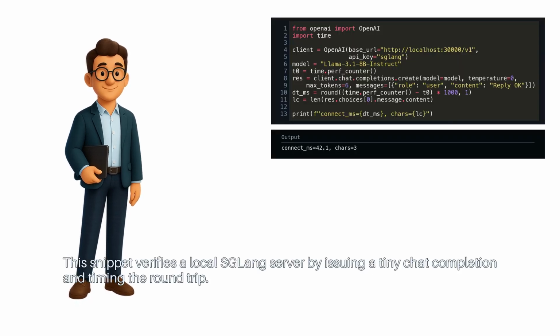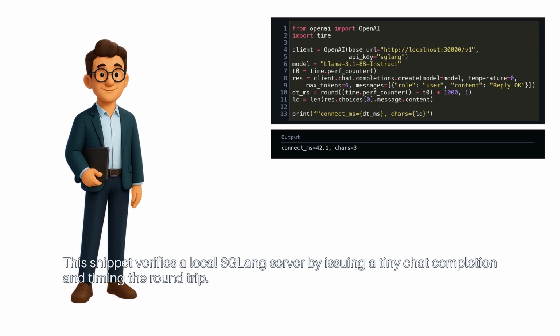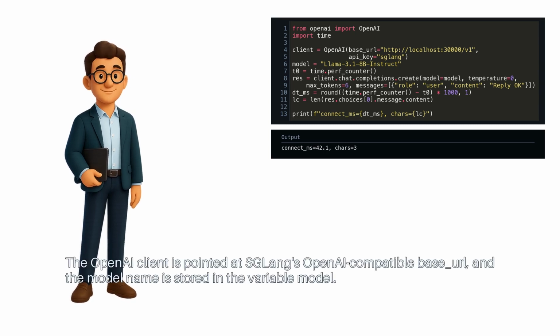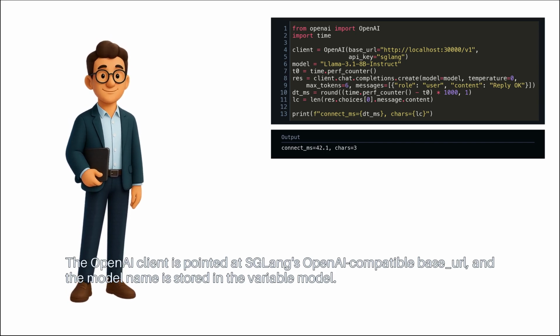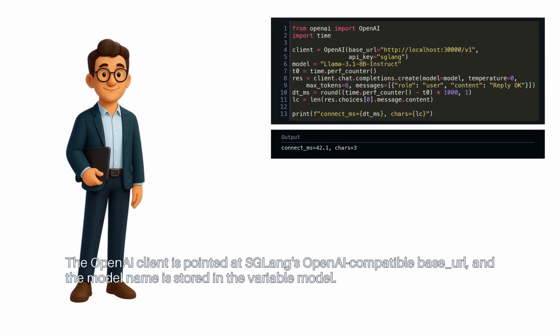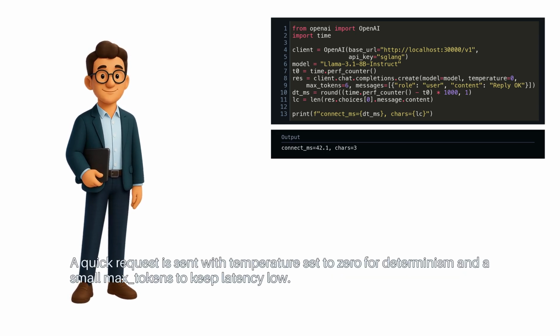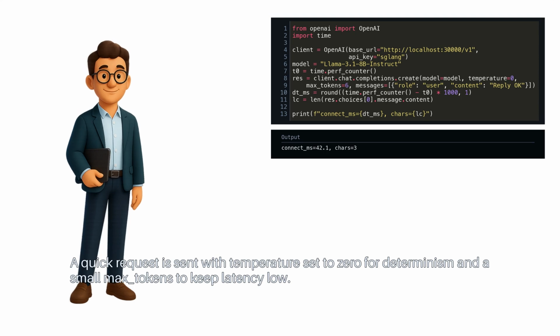This snippet verifies a local SGLang server by issuing a tiny chat completion and timing the round trip. The OpenAI client is pointed at SGLang's OpenAI-compatible base URL, and the model name is stored in the variable model. A quick request is sent with temperature set to 0 for determinism and a small max tokens to keep latency low.